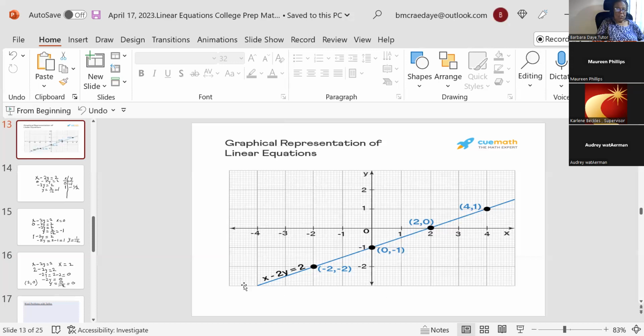Now, linear equations have variables, but they can't have more than 2. They can have 2, they can have 1, but they can't have more than 2. That would not be a linear equation by definition. Now, notice here, x is 4, y is 1, right?